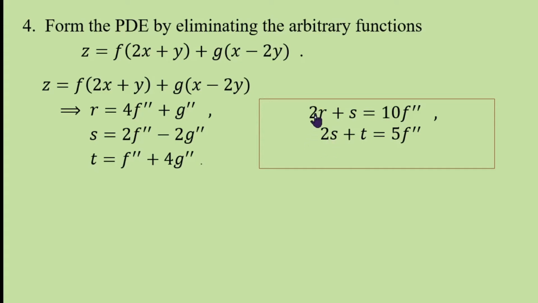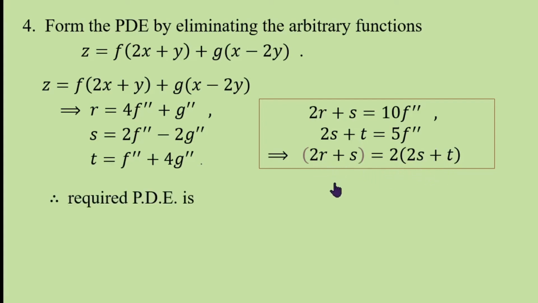Now compare these two. 2r plus s becomes 2 times (2s plus t), because this is 10f double dash and 5f double dash means multiply this by 2, then equate the left hand side. So 2r plus s equal to 2 times (2s plus t), or 2 into 2, 4s minus s, take this s to the right side, 4s minus s is 3s, plus 2t. 2r equal to 3s plus 2t.